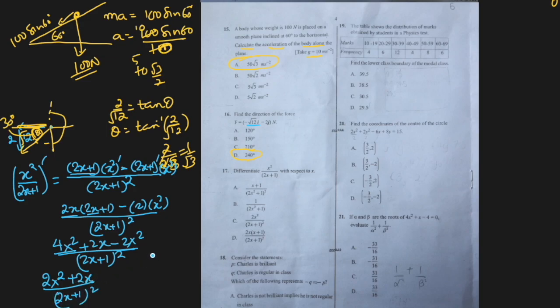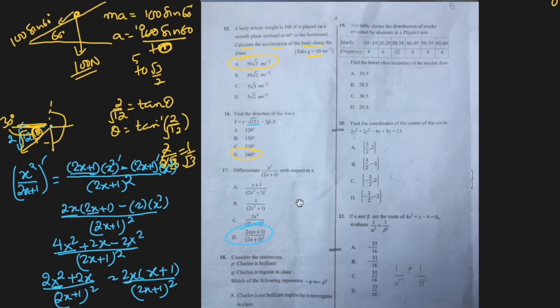We can take 2x common. Only x is left in this, plus 1 over 2x plus 1 whole squared. D is the answer.